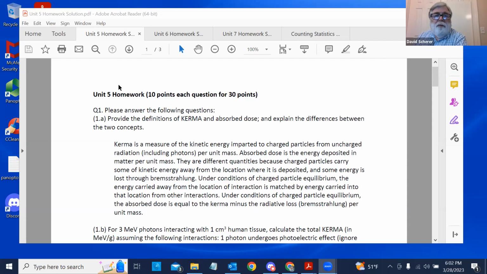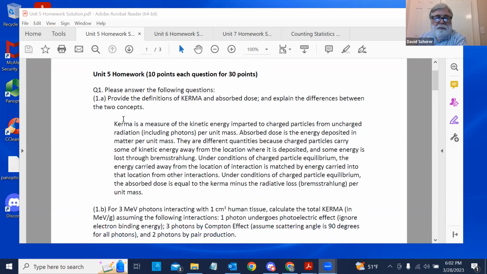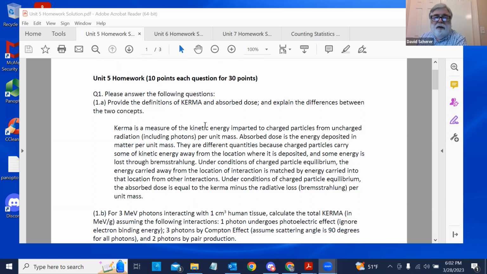Okay, so we're going to do homework 5, go over some problems of homework from unit 5, unit 6, unit 7, and the last lecture about counting statistics. I hope I can get through all this in a reasonable amount of time. There are a lot of questions that are narrative in nature.